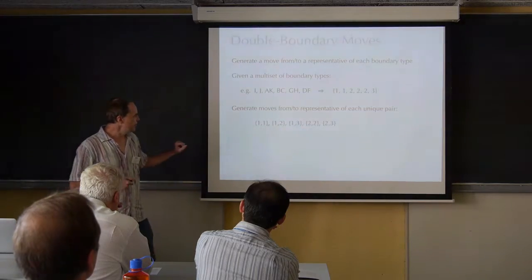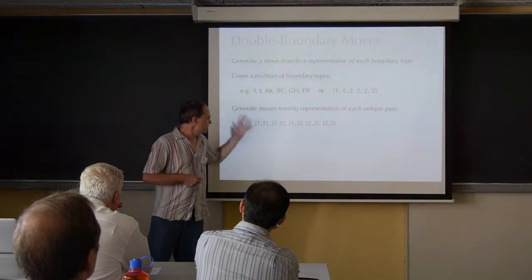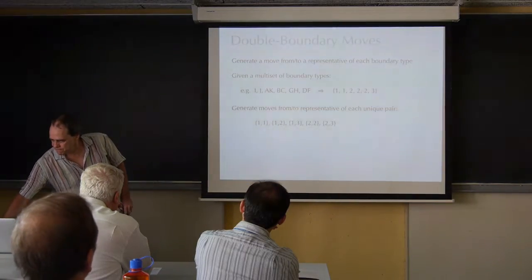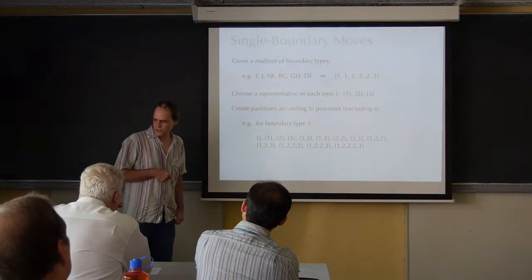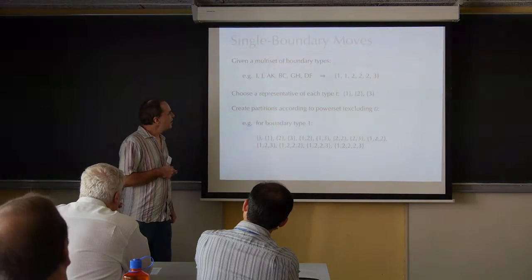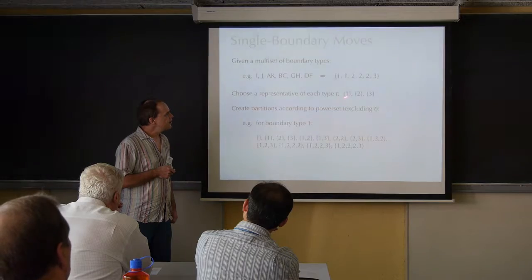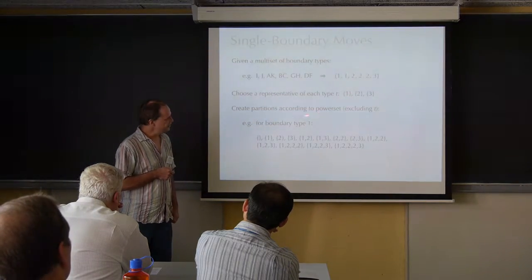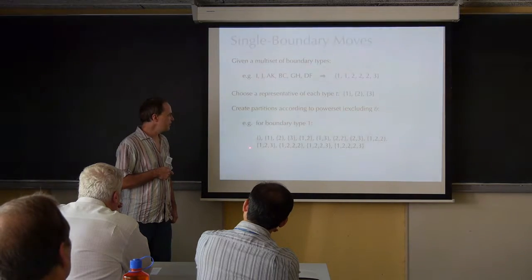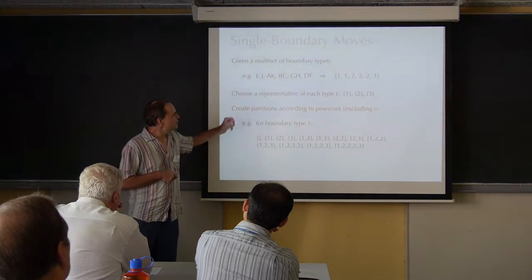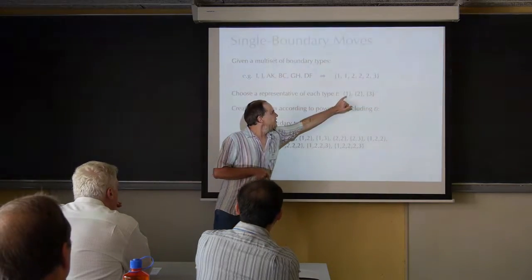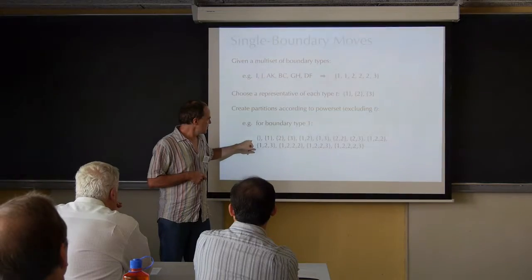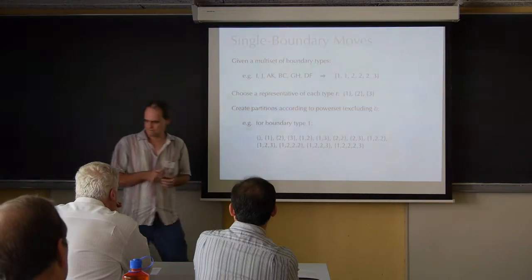And for each of these, we just select one boundary of equivalence group 1 at random and so on. For the single boundary moves, we choose a representative of each equivalence type, and then we create partitions according to the power set of the remaining boundaries. So for boundary moves from and to vertex 1, we generate these partitions.